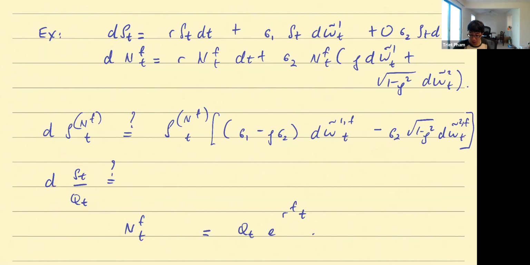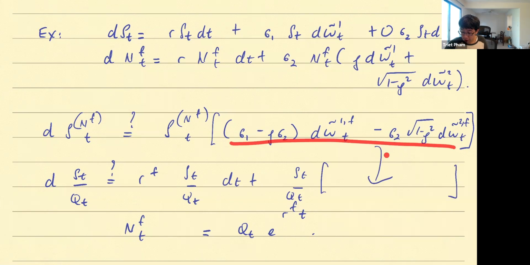In other words, this is an undiscounted version. So it will be that. By that, I hope you understand what I mean. This whole thing goes into here. Okay or no okay?